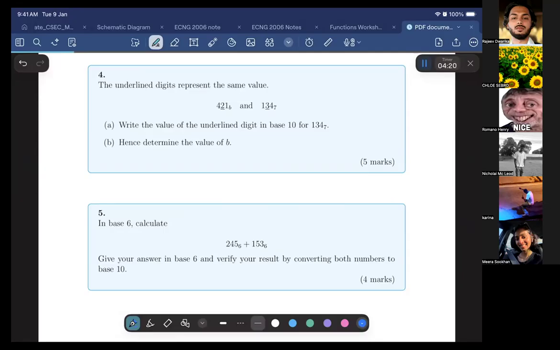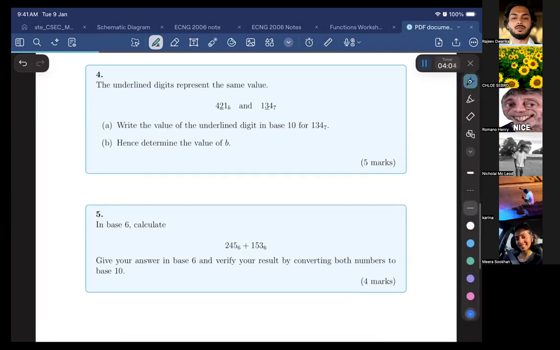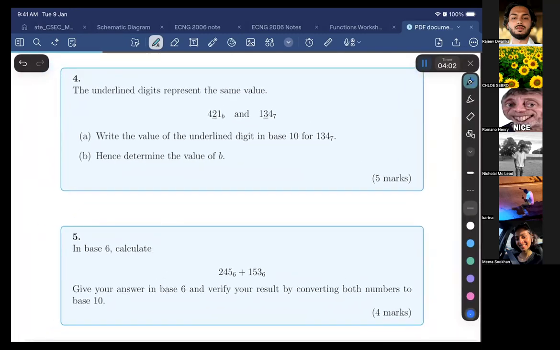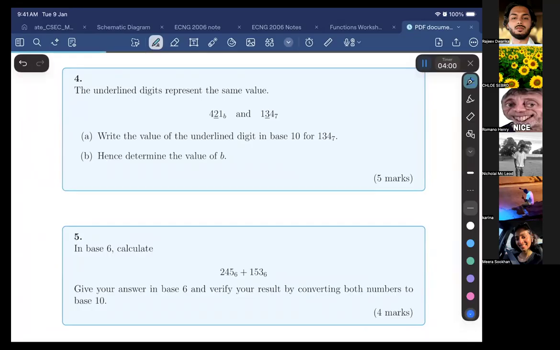So that is base 6? No, that one, yeah. It's a kind of trickier question. But if you could figure this out, you're legendary. You're goated. Number 4 is kind of tricky, to be honest.